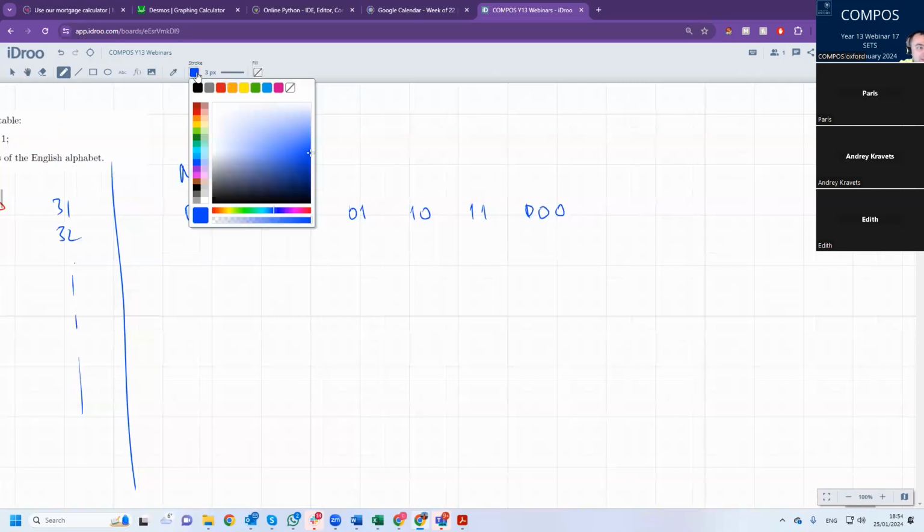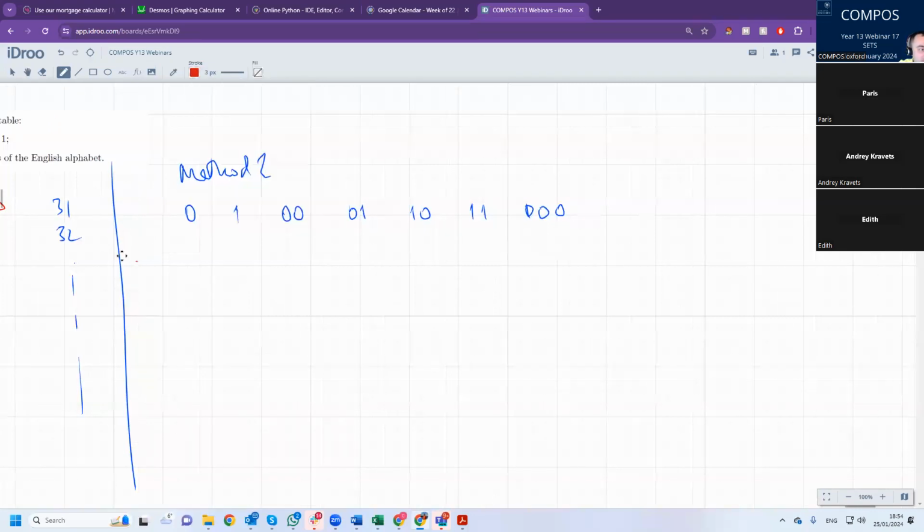Well, this is binary, and this is base 10. The zeros, because this is 0, this is 1, this is 0, this is 2, this is 3, this is 4, this is 0.